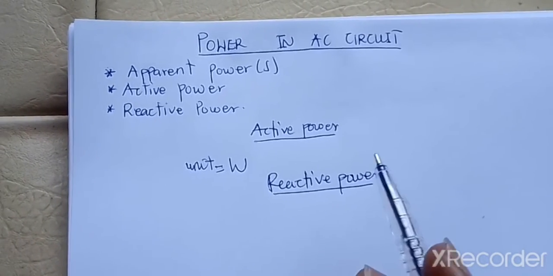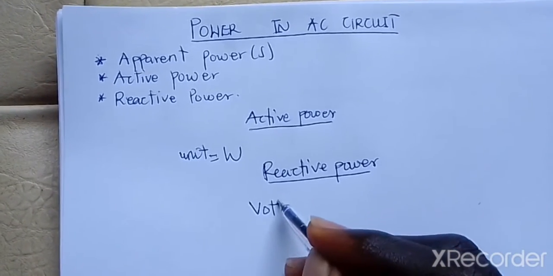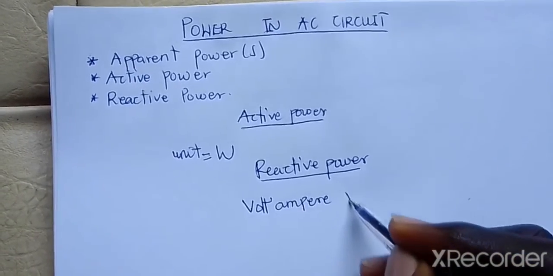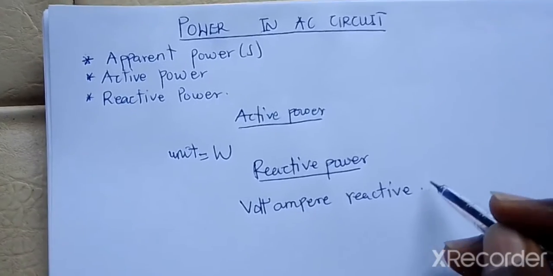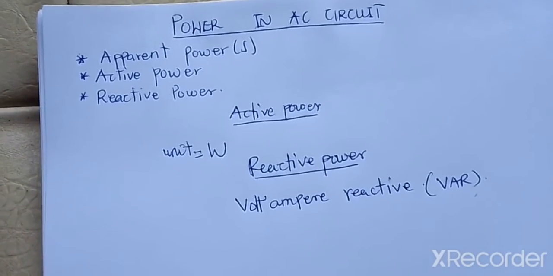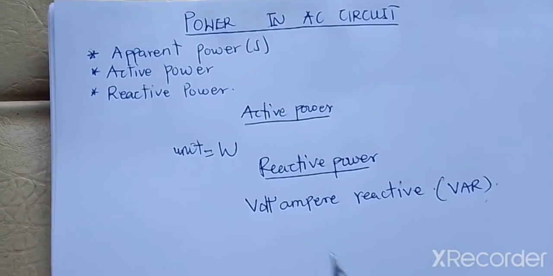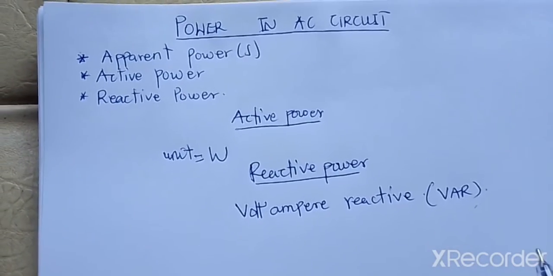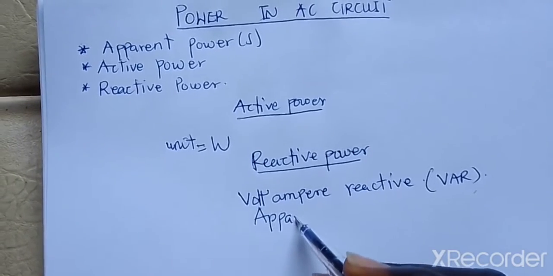So its unit is volt ampere reactive, which is also known as VAR. So this is the unit for reactive power, and this is the power dissipated across the reactance in an AC circuit. Then finally we have the apparent power.